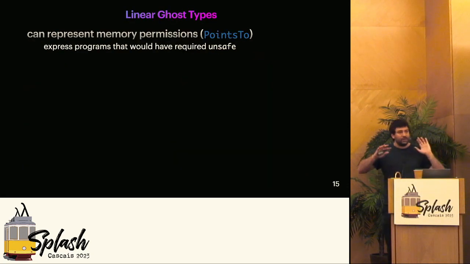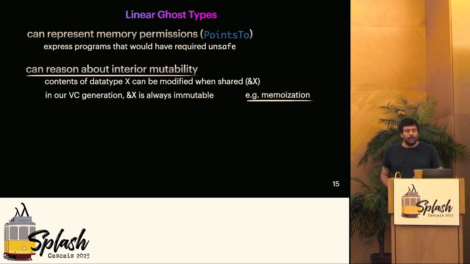Okay, so we have seen how linear ghost types let us represent memory permissions and express programs like doubly linked lists that would have required unsafe in regular Rust. Linear ghost types also allow more interesting programs, which I don't have the time to go through in the talk.